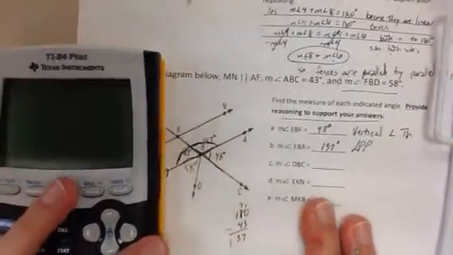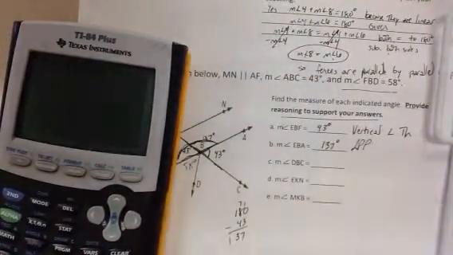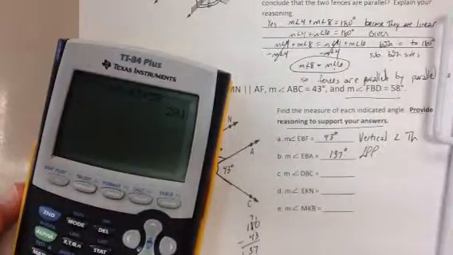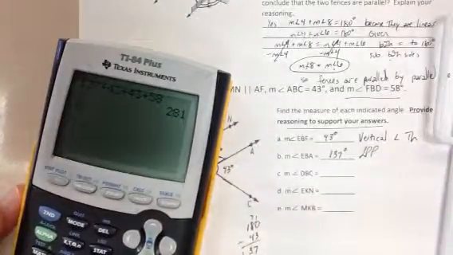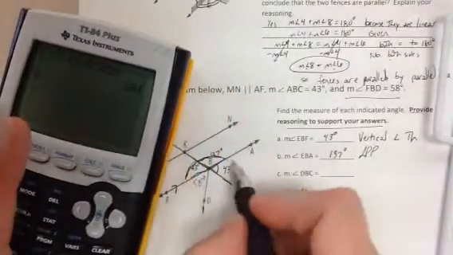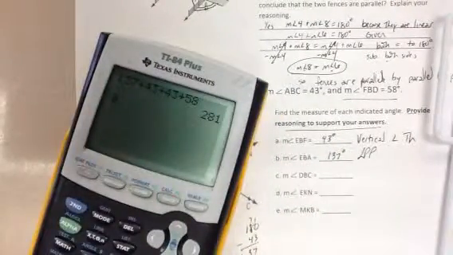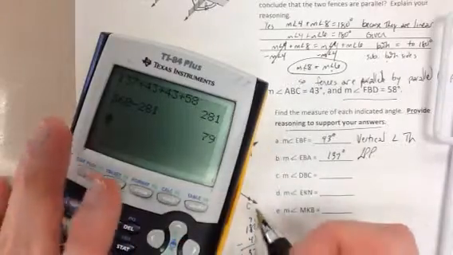137 plus 43 plus 43 plus 58. I get 281. So all of these added together is 281. And now I need to just subtract that from 360 to figure out what the missing angle is.